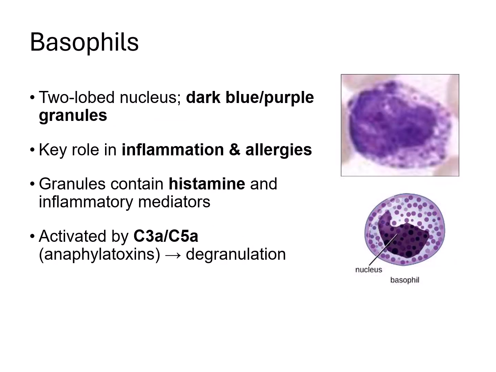Our third granulocytes are basophils, which have dark blue to purple granules that can obscure much of the nucleus. And they play a major role in inflammation and allergic reactions. Their granules contain histamine as well as other inflammatory mediators, and histamine can be chemotactic and attract other white blood cells to the area, and can also help open up the gaps between the cells and the blood vessels, so cells can leave the blood and enter the tissues that are damaged.